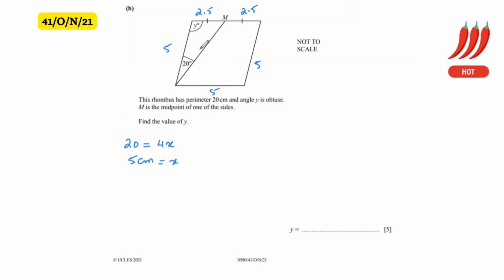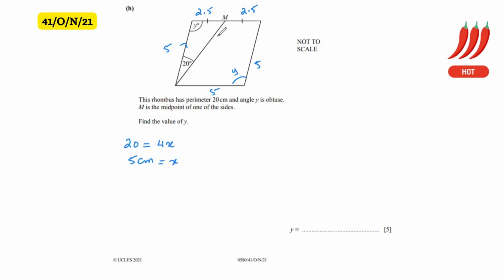So over here, we know that if this is y, this is also y. If you notice, in this triangle, we have one complete set of angle and length. We have angle 20, we have the opposite length 2.5. So using that, we can find the angle for M and then subtract these two from 180 to find angle y.